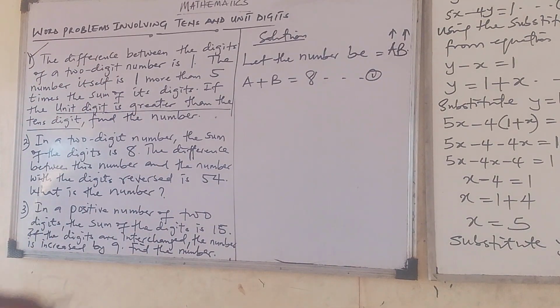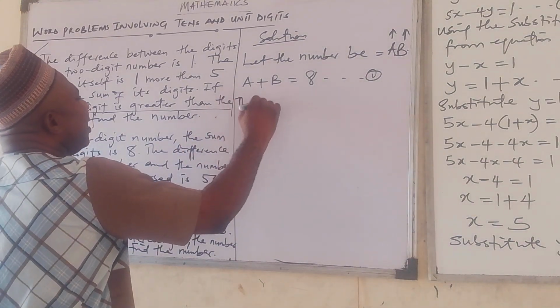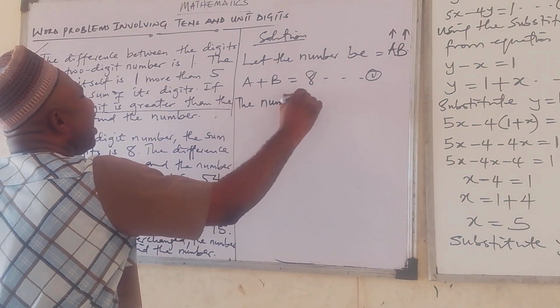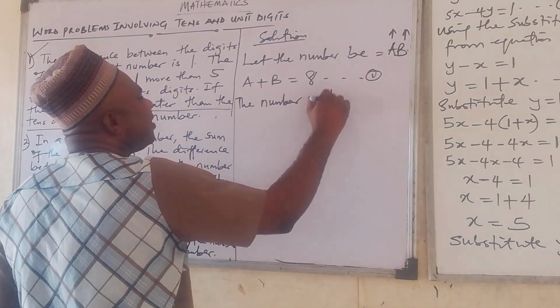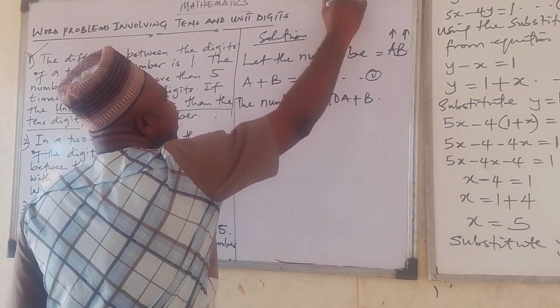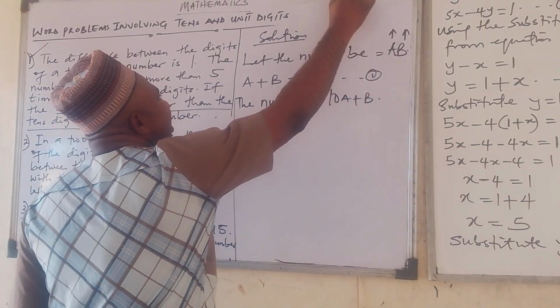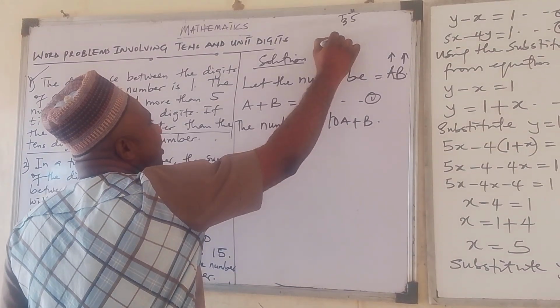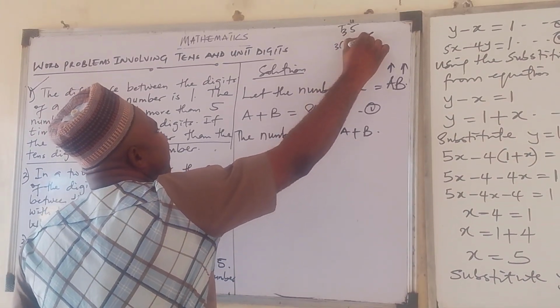Now they said the difference between the number and the number with the digits reversed. Let's see the number. The number is 10A plus B. Remember when you have 35, this is tens and units, so this is the same as 3 times 10 plus 5 times 1.